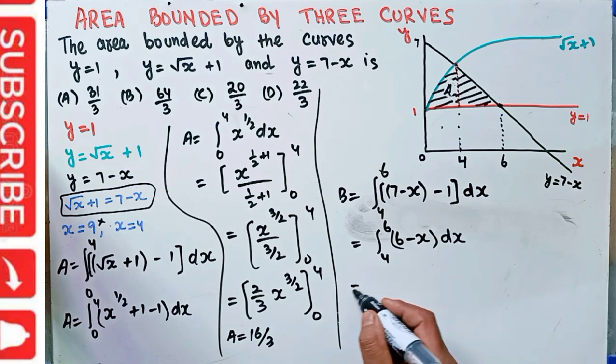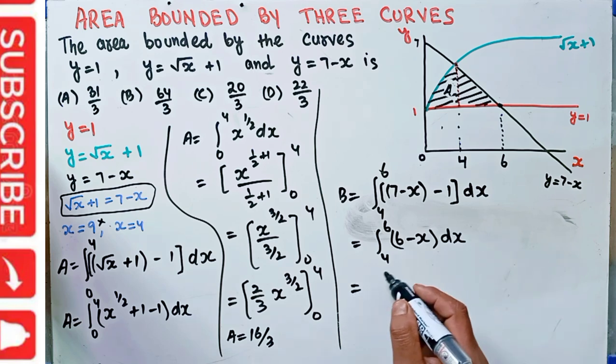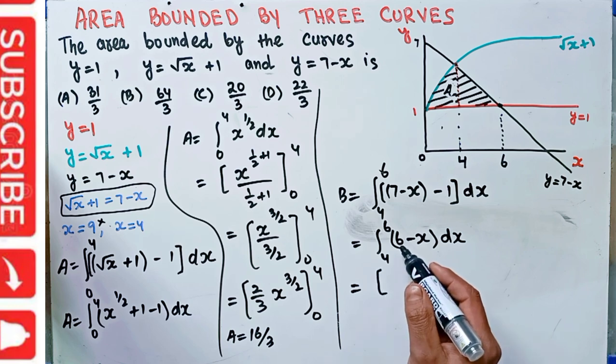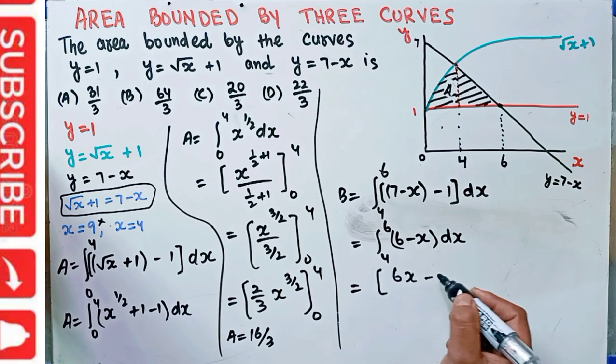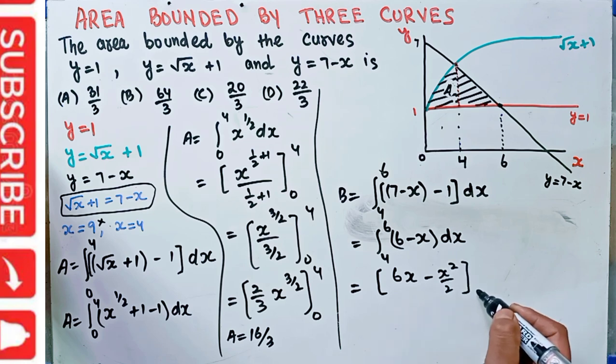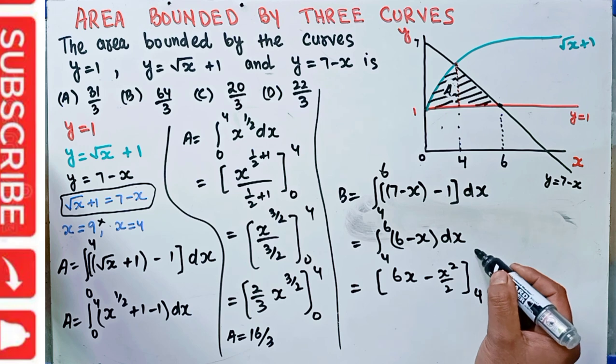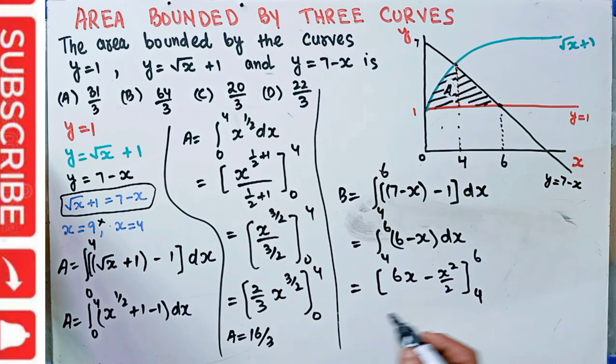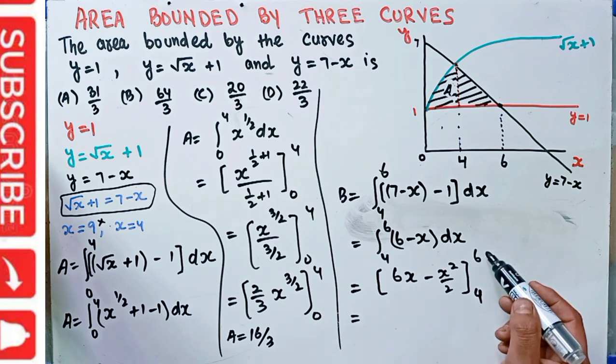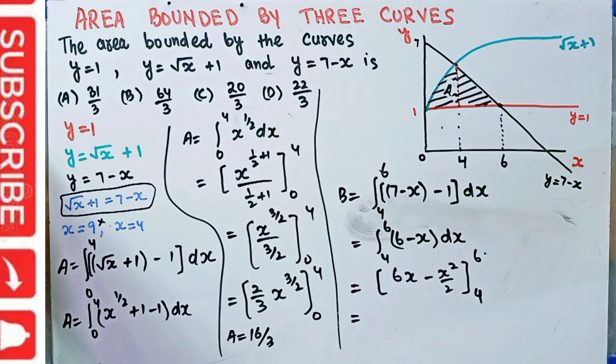Let's do the integration here. The integral of 6 is 6x minus the integral of x, which is x squared upon 2, from 4 to 6. I'm just cutting short the steps here. Now we evaluate it first at the upper limit, which is 6. So we have 6 in place of x, minus, in place of x again, 6 squared upon 2.